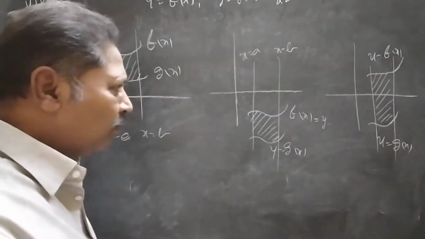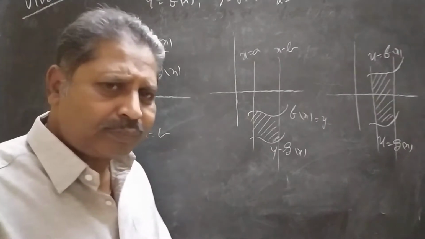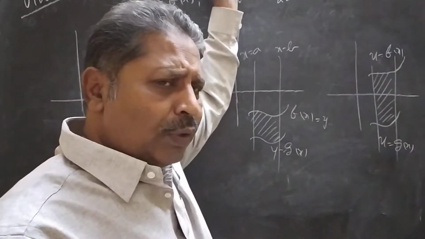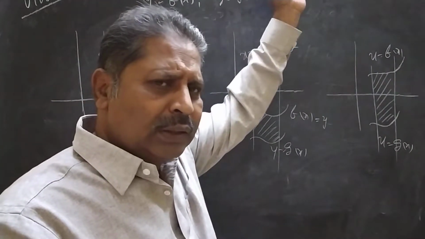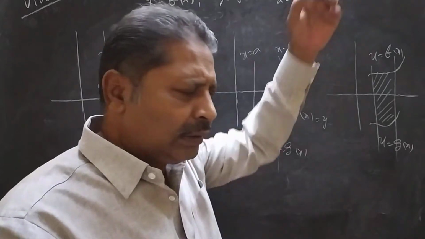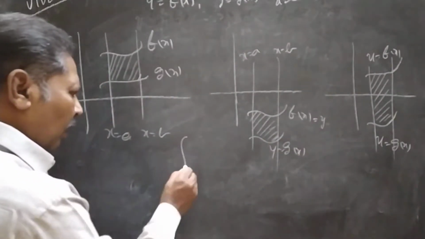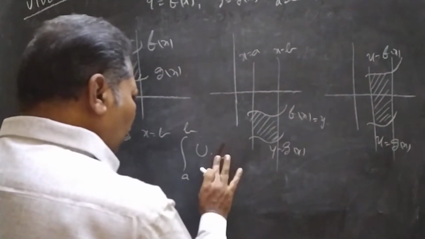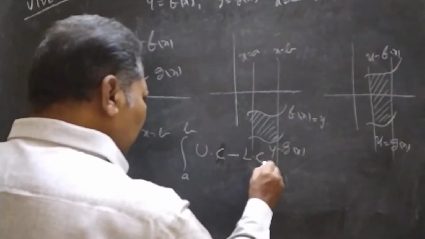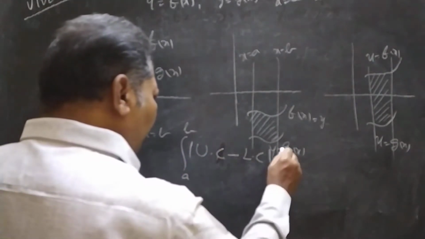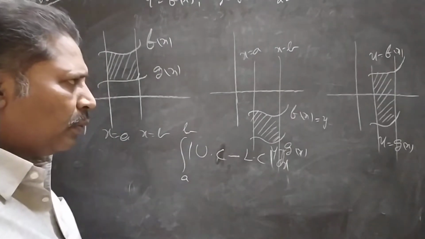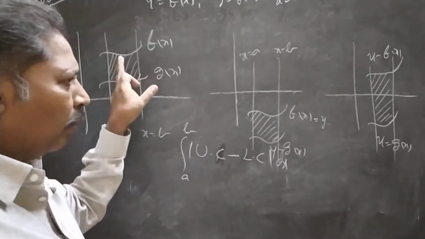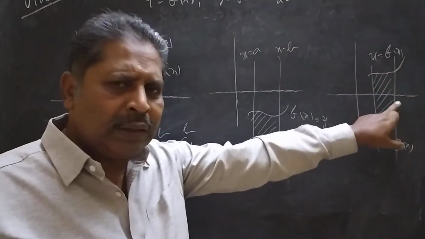So the area of the region bounded by the curves y equal f of x, y equal g of x, x equal to a and x equal to b is the integral from a to b of upper curve minus lower curve dx, upper minus lower.